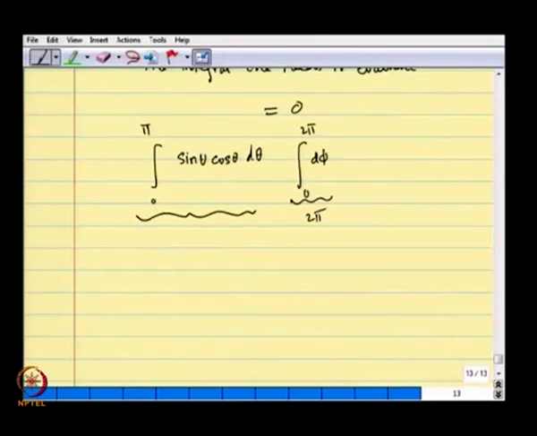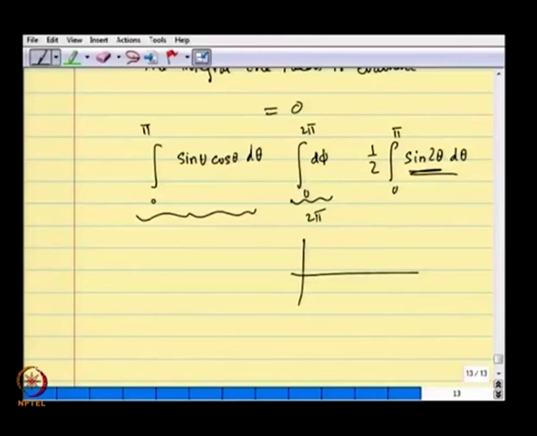This integral sin theta cos theta d theta from 0 to pi is the integral 0 to pi of 1 by 2 sin 2 theta, and please remember sin 2 theta from 0 to pi completes one whole cycle. Therefore, the area cancels out, and this whole thing goes to 0.